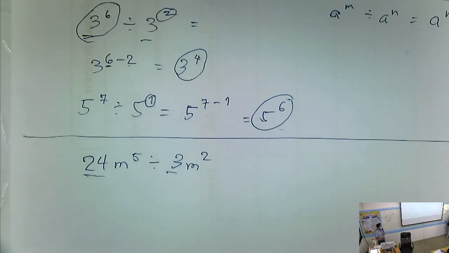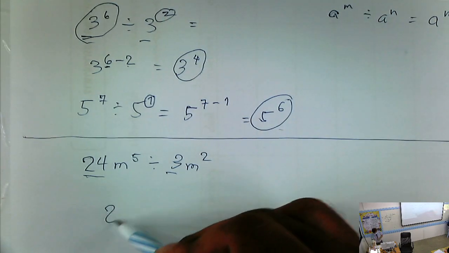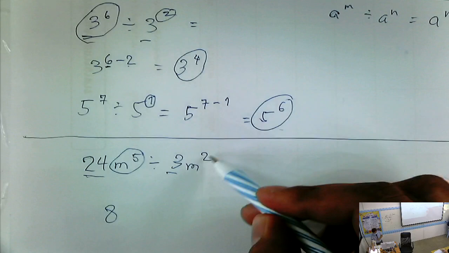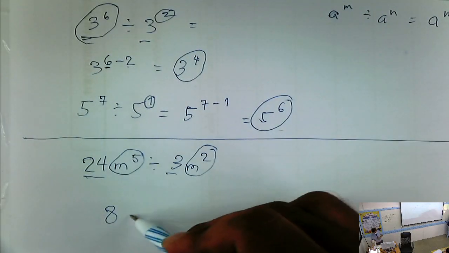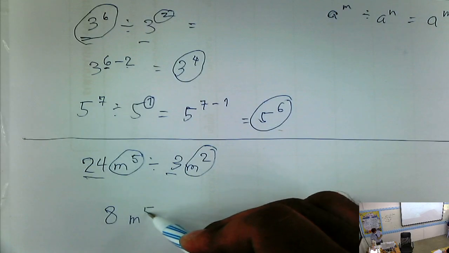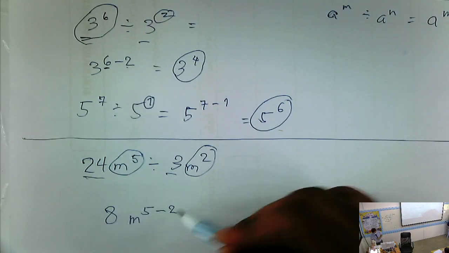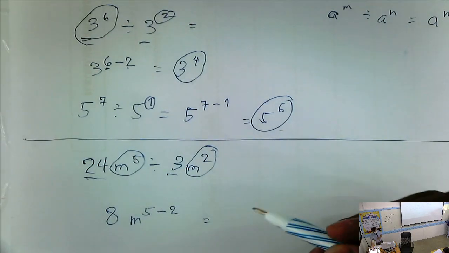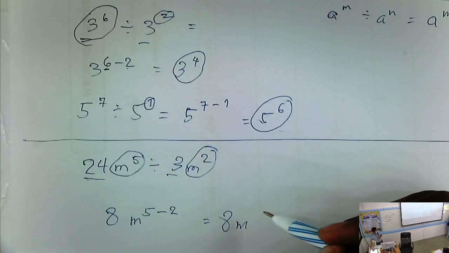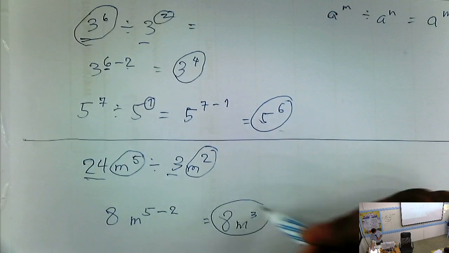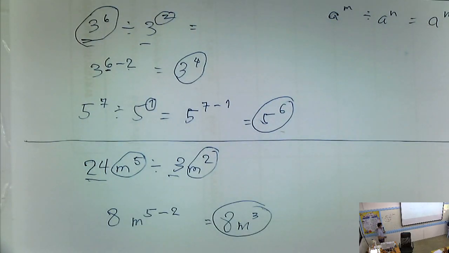So what is 24 divided by 3? 8. And we have m to the power of 5 divided by m to the power of 2. That would be m to the power of 5 minus 2, which is equal to 8m to the power of 3. So that would be the answer.